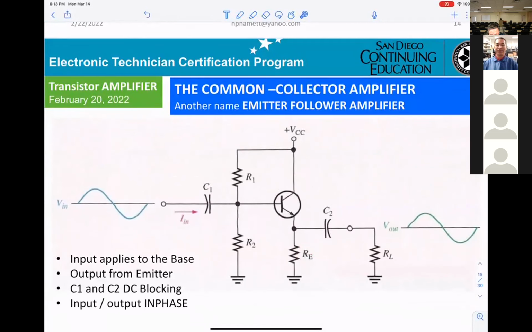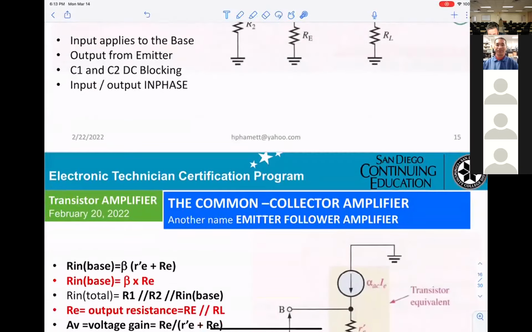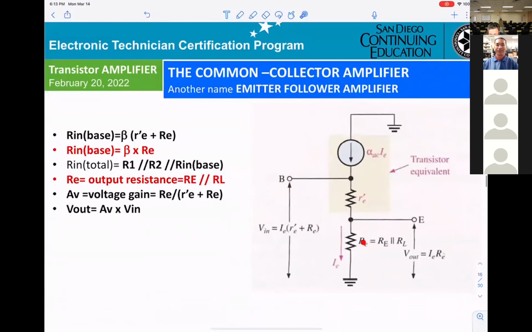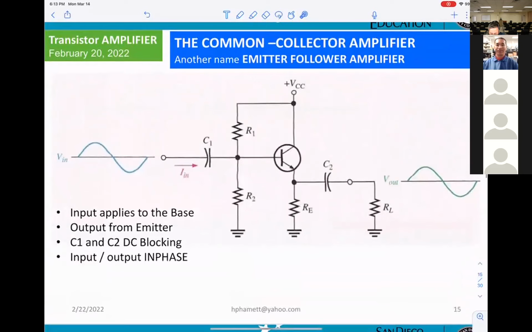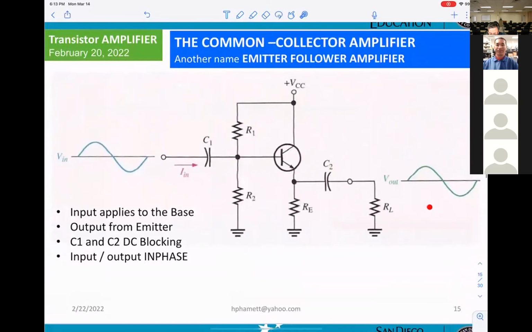You can see this is a REDC. However, this one is REAC. Basically, you're looking from the output here.